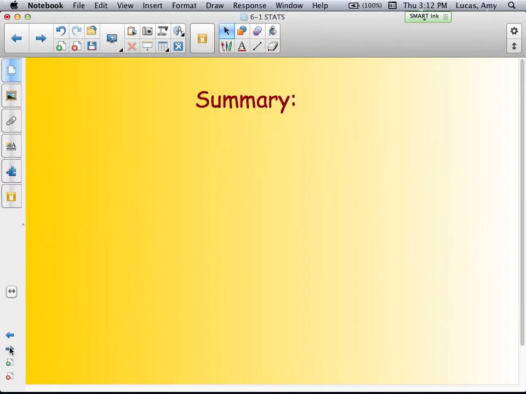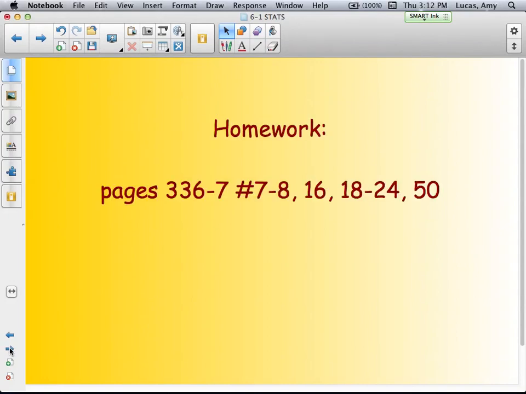You should be able to write your summary now, answering your essential questions. So go back and reread that essential question. Make sure that you have complete sentences. And here are your homework problems. Please use graph paper for your graphs.